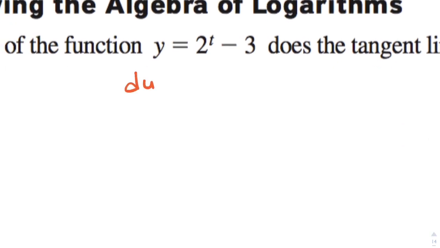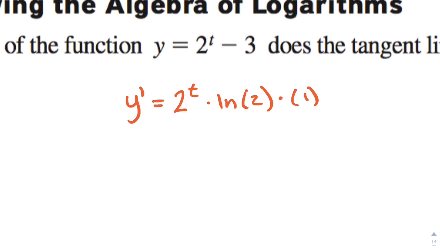Let's derive it with respect to t. So dy dt, let me call it y prime. The derivative of y with respect to t is equal to the derivative of 2 to the t, which is 2 to the t times ln of 2 times the derivative of t, which is 1.